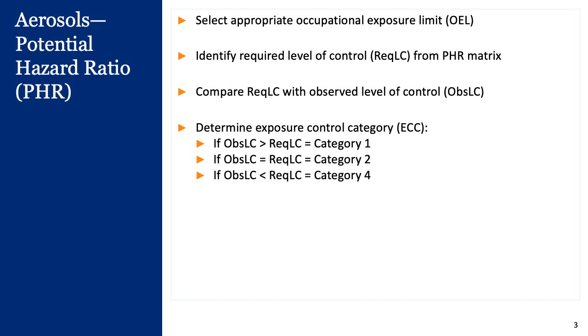And just as before, for the second rule of thumb, we have these decision criteria. If the observed level of control is greater than the required level of control, we call it a category 1 exposure. If the observed level of control is equal to the required level of control, it's a category 2 exposure. And if the observed level of control is less than the required level of control, it's a category 4 exposure.